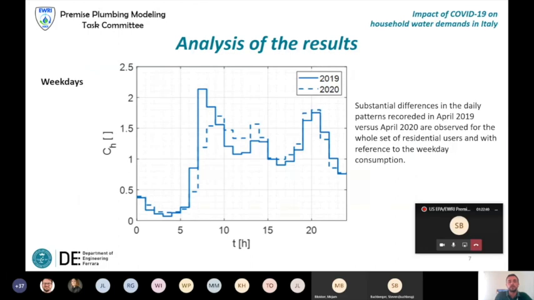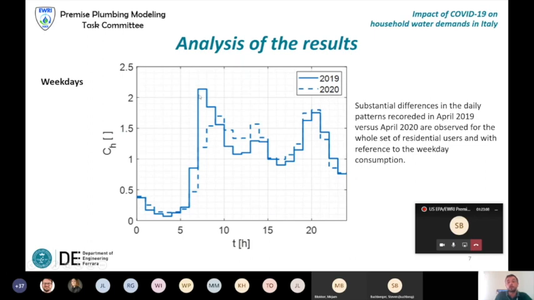Indeed, in this figure, I'm comparing the weekday pattern of the 300 users. It is an average pattern of the 300 users in the pre-lockdown period, referring to the month of April 2019, with the solid line. And the same period, the pattern during the lockdown, let me say in 2020.